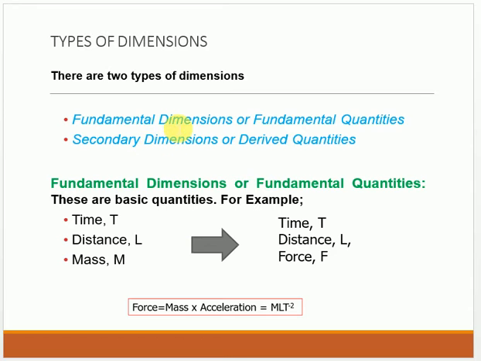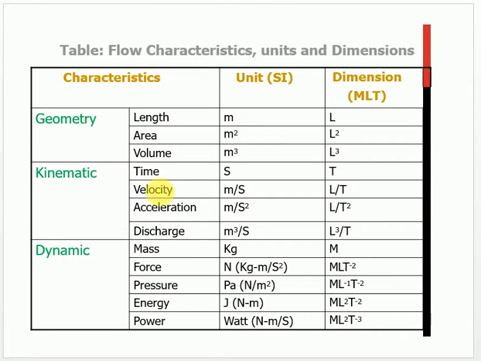As we know, the fundamental dimensions or fundamental quantities are mass, length and time, MLT. These are the fundamental dimensions that you came across, right? The derived quantities are those derived from other physical quantities, like force, pressure, energy, power, velocity, acceleration. These are derived from the units of physical parameters.